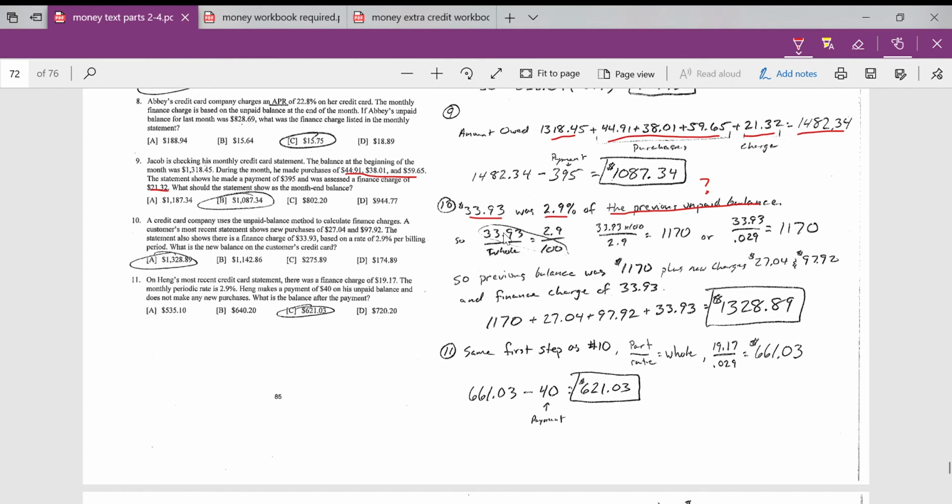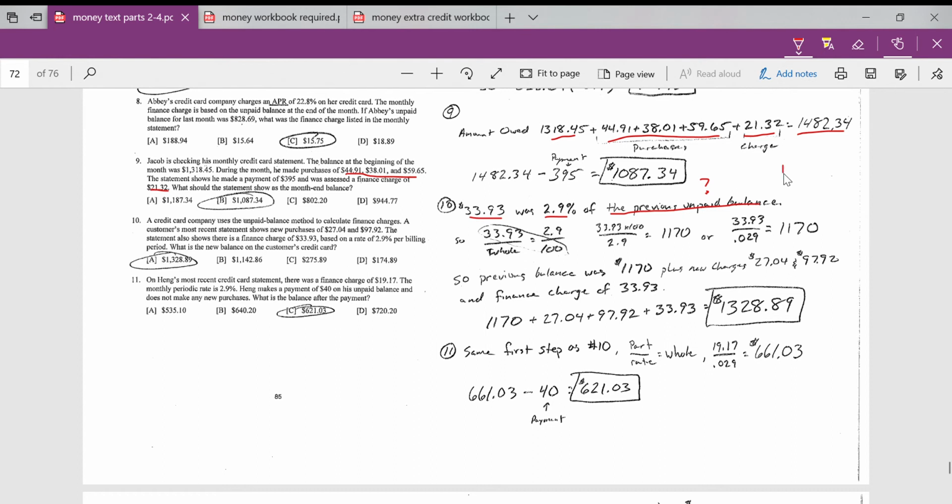So we could either use the percentage proportion method, where it's part over whole equals percent over 100, and you don't change that to a decimal, and then you'd cross multiply and divide. So cross multiply 33.93 times 100 divided by 2.9, and that would give you 1,170. Or the form of the percentage equation starts out with whole times the rate equals the part.